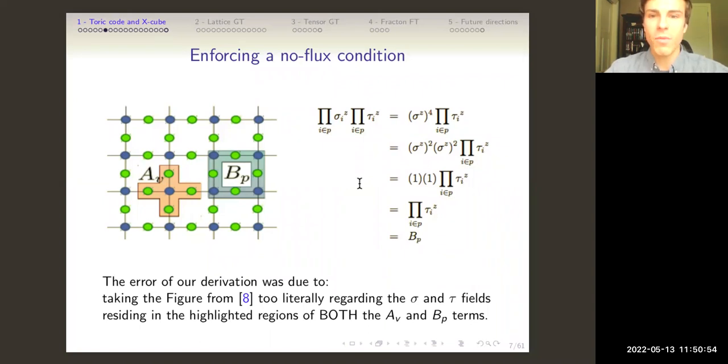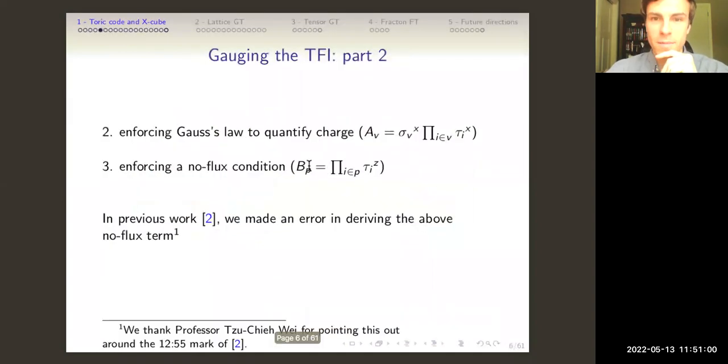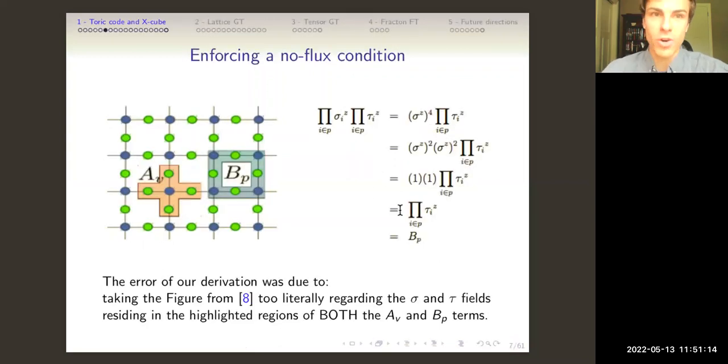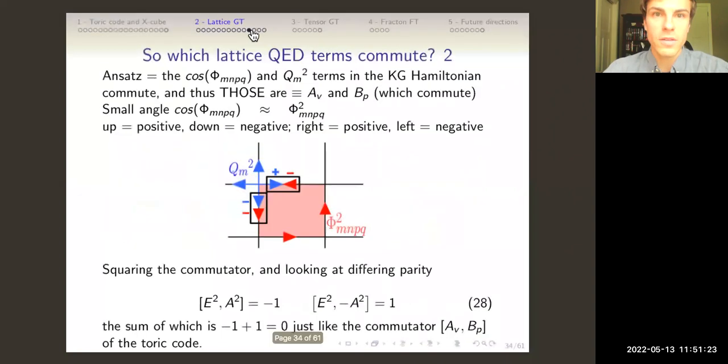For instance, this figure in this paper was used to justify the following inclusion of terms in the Hamiltonian, where it wasn't explained where this term came from, and that led to the following error. And so correcting that was entirely novel.